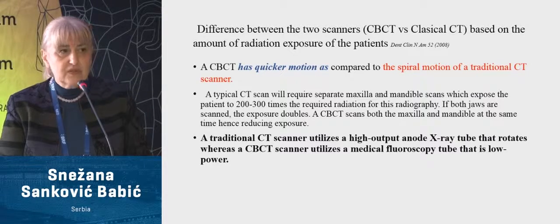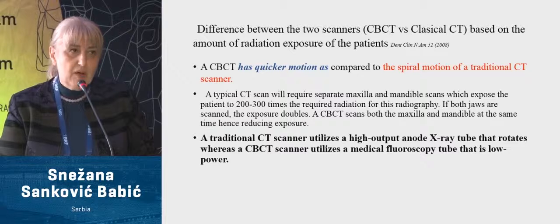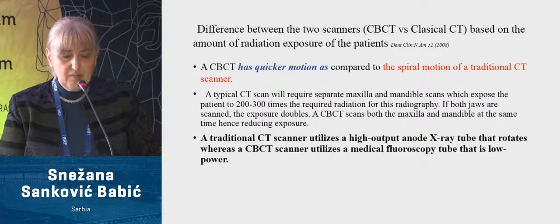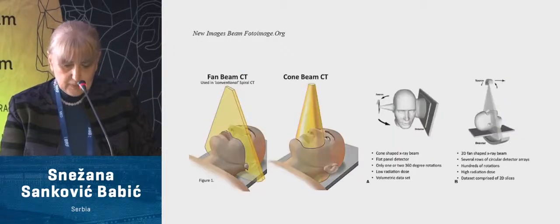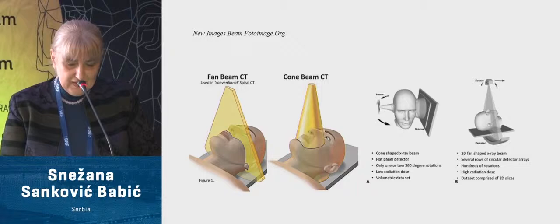What is the main difference between the two scanners if we are talking about the amount of radiation to the patients? CBCT has a quicker motion and is less time-consuming. The spiral motion of the gantry in the traditional CT scanner needs far longer time. What does this practically mean? It is shown schematically here on the screen.